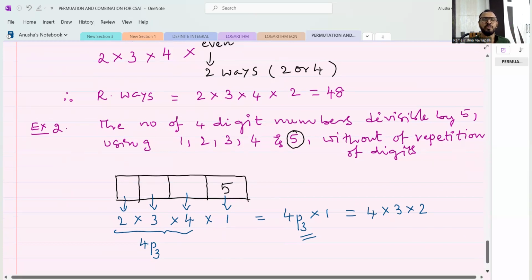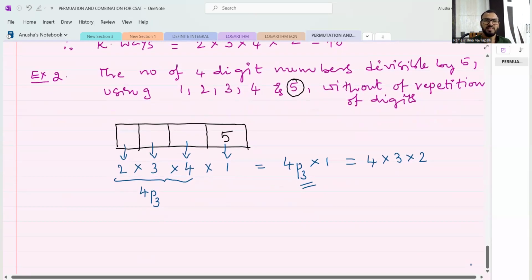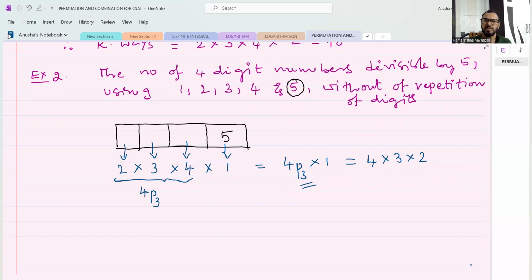Well, I'm going to explain what this permutation is. Like this, you can form the number of 4-digit numbers divisible by 4. A number is divisible by 4 if the last 2-digit number is divisible by 4. Later on, I'll explain that example.